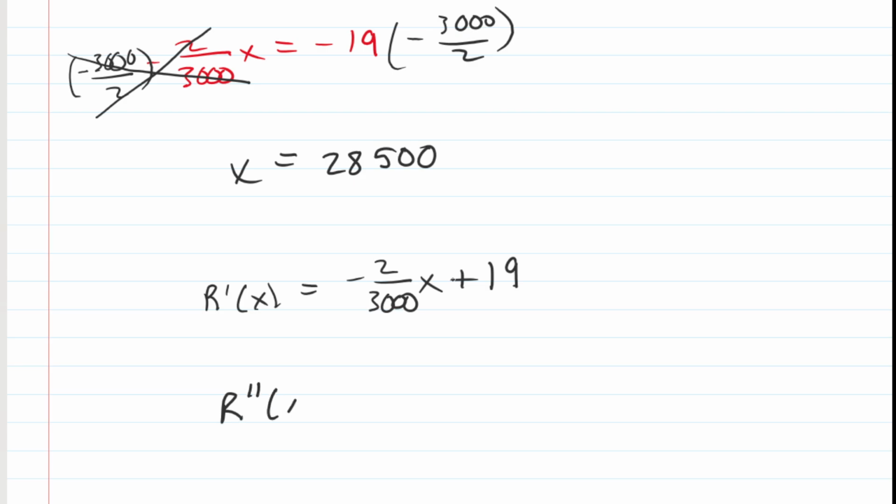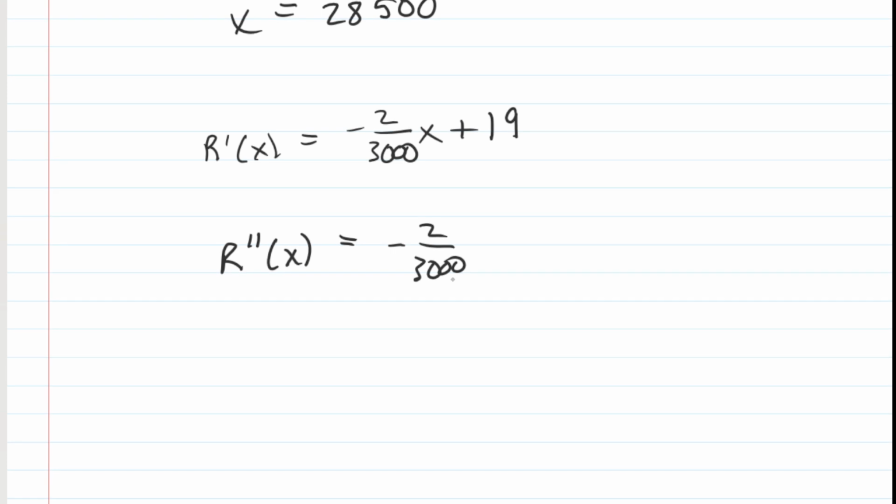So we're going to do r double prime of x. Now the derivative of the first term here is just going to be negative 2 over 3,000. And then the derivative of the 19, which is a constant, is just 0. So the second derivative is negative for all values of x. And you might wonder, well, what does that tell me? Well, because the second derivative is negative, that tells us that our revenue function is always concave down.